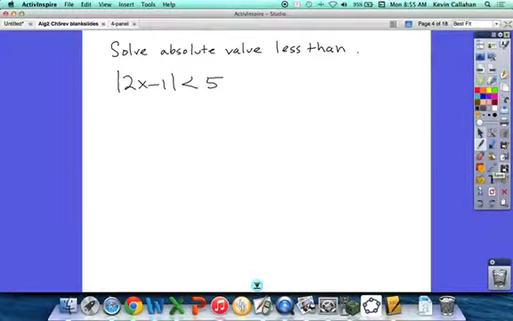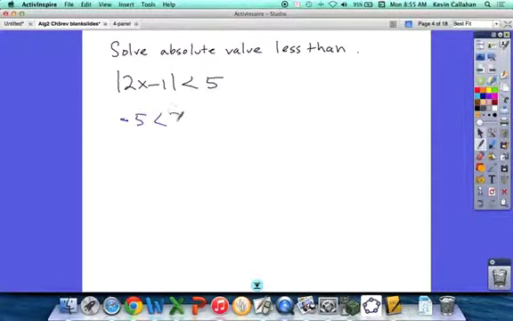Okay, so as always, isolate first, but that one is isolated, right? Then what? Then you got to turn, for a less than, you turn it into a three-part inequality. The three-part inequality looks like this.